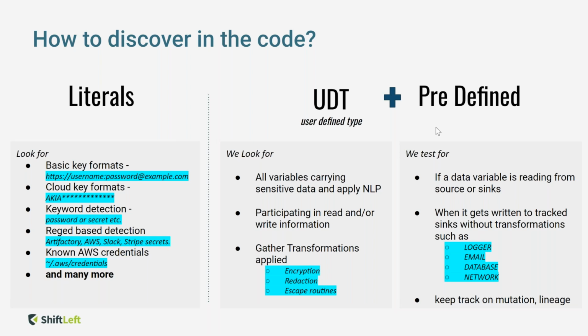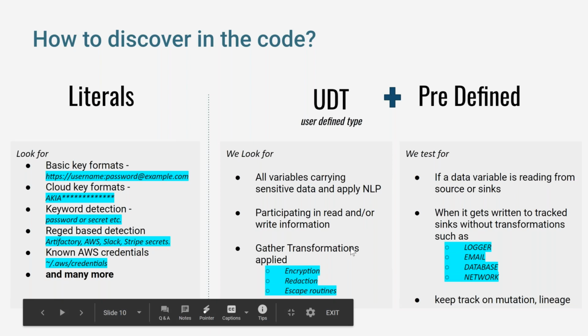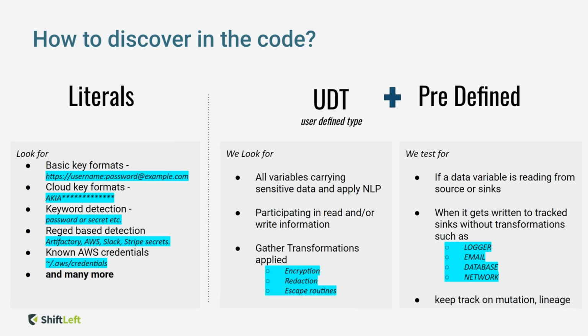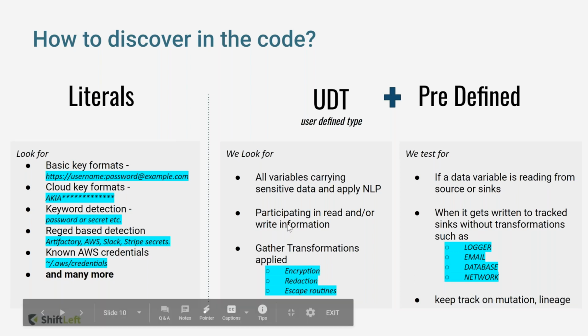We need to also identify all the flows that it goes through. That is all the read, write, and transformations that the data goes through. Transformations in general could be encryption, redaction. You might be escaping some data in order to avoid, say, attack patterns in the data. Right? So that is what we need to look for.